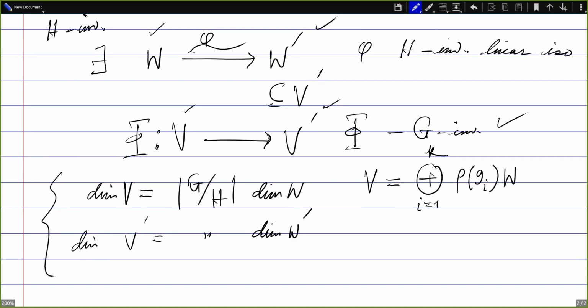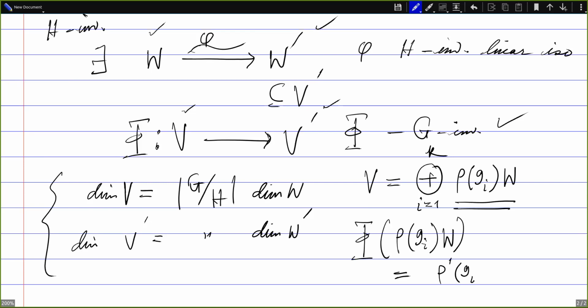Now you see that since capital Phi extends small phi, the image of a typical summand is, from the invariance of phi, nothing but phi prime g1 times w prime.